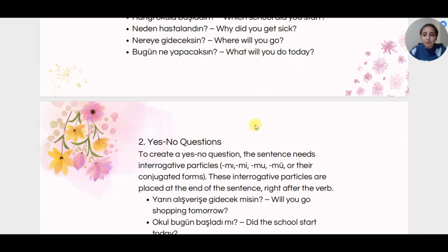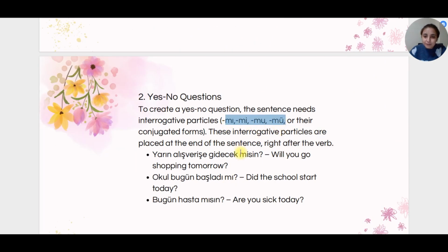But you will use this mı, mi, mu, mü at the end of your sentence, but before the personal suffix. It becomes, will you go shopping tomorrow? Okay. And if I want to ask for the I subject, it will be this: yarın alışverişe gidecek miyim?